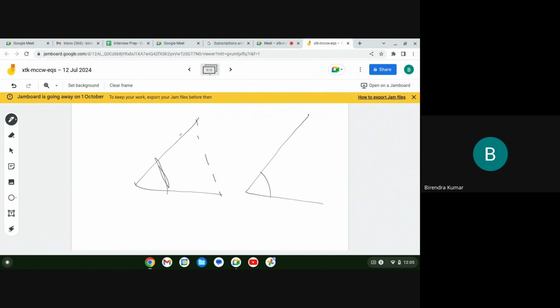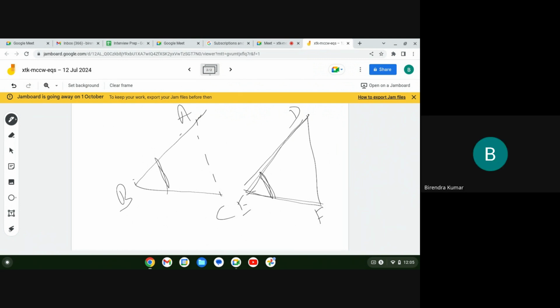This was my old triangle ABC. This is DEF. What we said was that AC and DF are not matching. These two sides are the same length, and this angle is also the same.